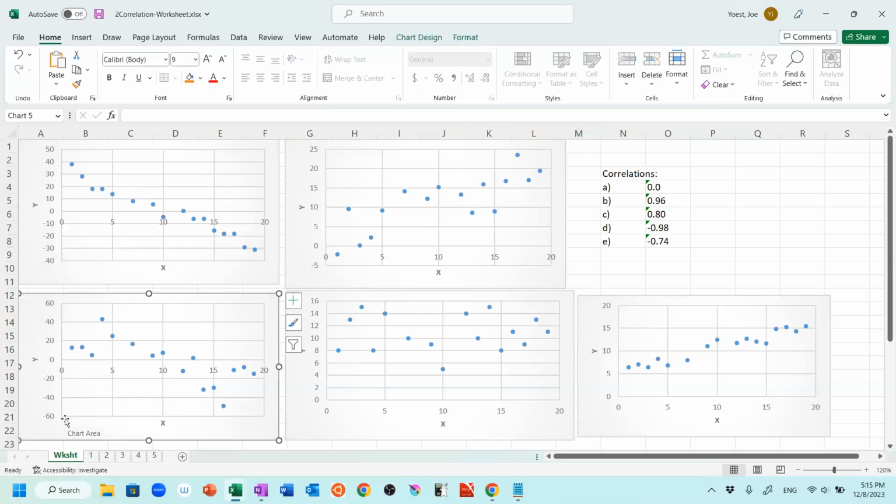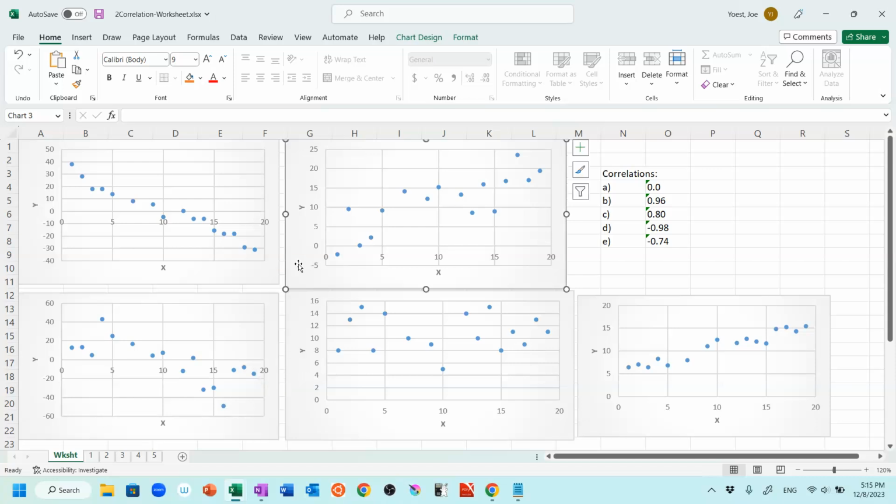I note something similar for the bottom left scatter plot. Again, if I draw a set of axes through roughly the middle of the data, I see quadrants 2 and 4 have a lot of data points in them, quadrants 1 and 3, not so much. Again, suggesting a negative relationship.